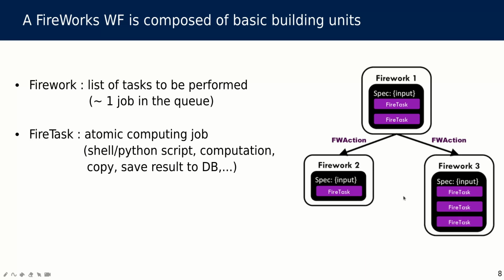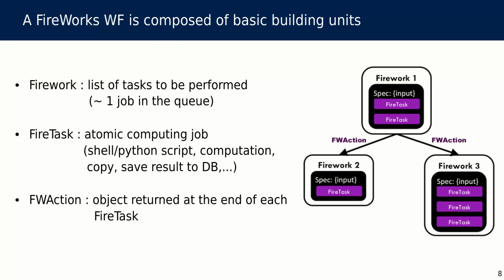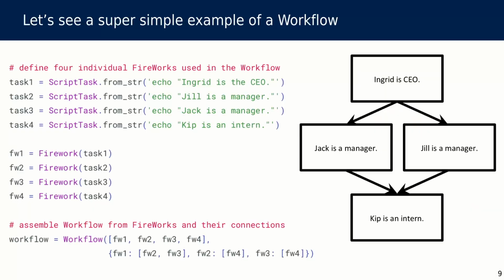And in between these fireworks, there are these firework actions that are objects that are returned at the end of each fire task that can actually do a lot of things, like pass data between different fireworks or create detours in the workflow and so on. So let's take an easy example. Here we have a workflow where each firework is composed of a fire task that basically only echoes some text, so there's no computation, it's just for the example.